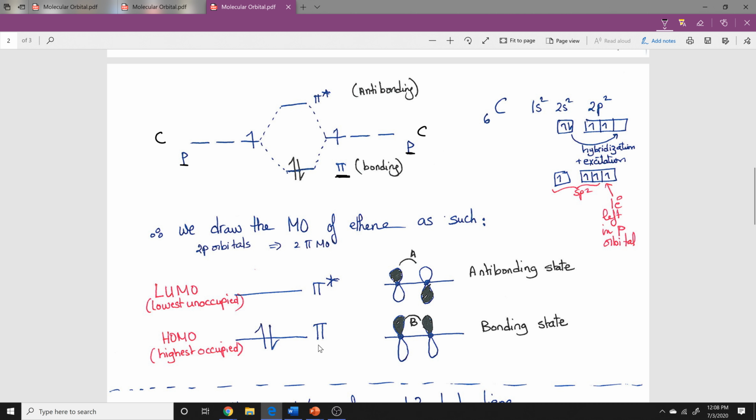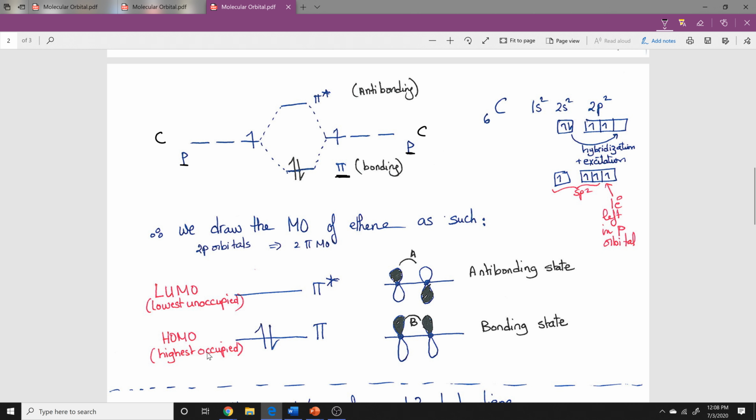Normally with the pi molecular orbitals, which are basically the bonding and the anti-bonding molecular orbitals for pi, we give them a name. The name corresponds to the occupancy: bonding states are occupied states, and anti-bonding states are unoccupied states.